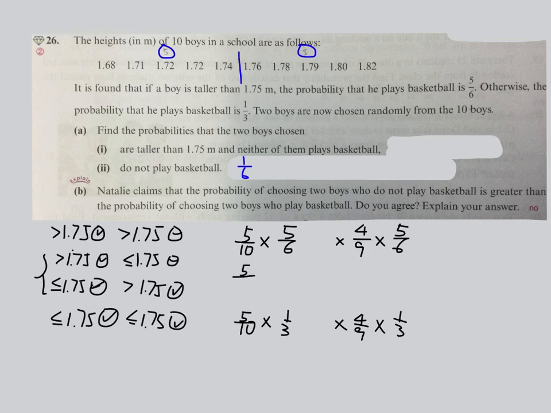The first one is taller than, second one is shorter than, or the reverse. One of them times 5 over 6, one of them times 1 over 3. Since we are using times, we imagine we have first, second. This case make a times 2.